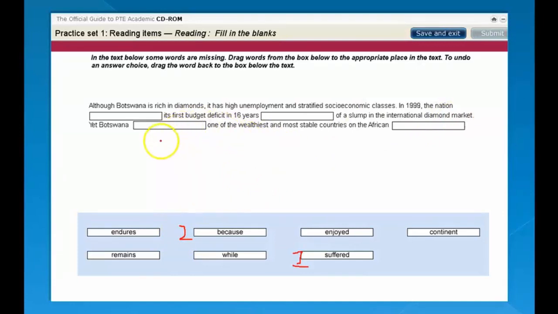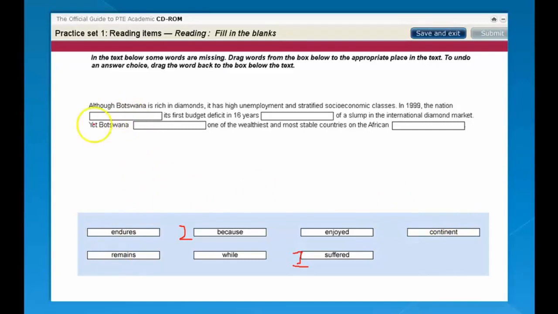Yet Botswana, blank, one of the wealthiest and most stable countries on the African blank. Now here, yet Botswana, you do not endure being the wealthiest country. You've already used because. Enjoyed, Botswana cannot enjoy one of the most stable countries. It doesn't make sense. Continent is a noun.